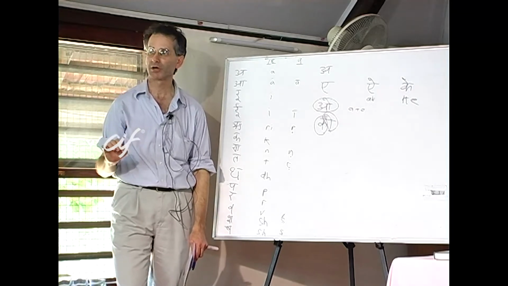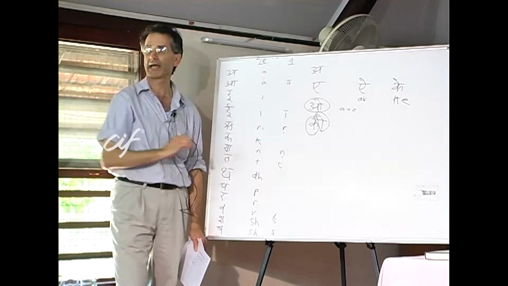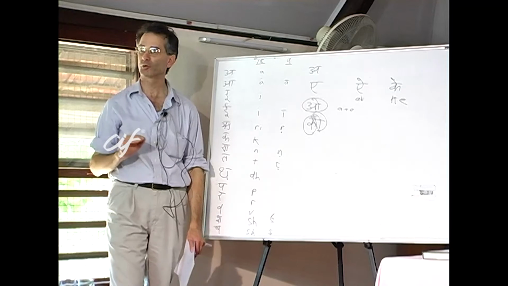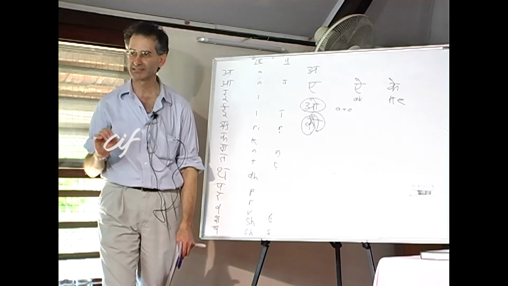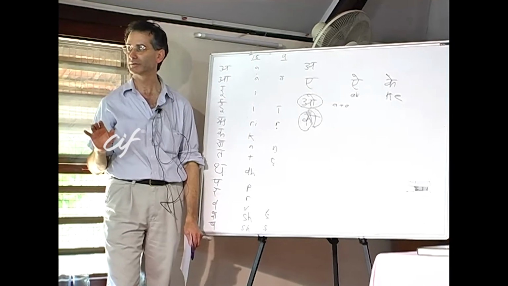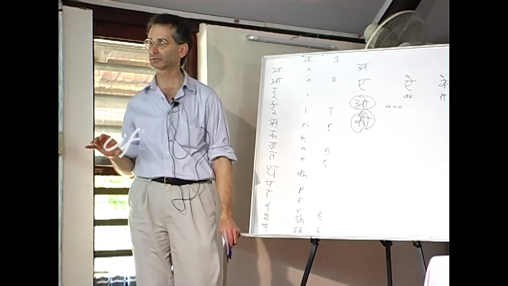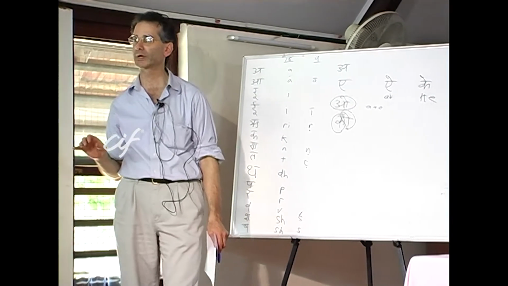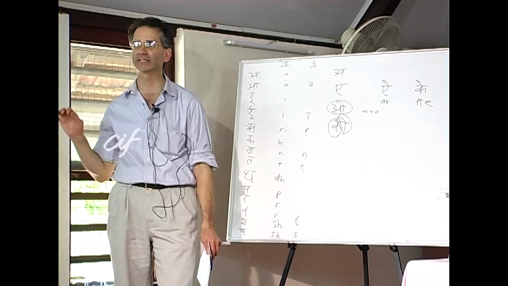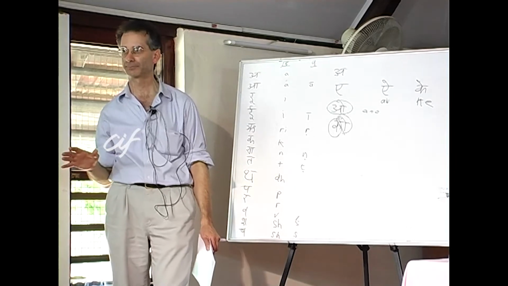With the diacritic marks, however, it becomes more adequate. Okay? I say more adequate because it's not perfect. Okay? But it's sufficient to convey the distinctions. Whether it conveys those distinctions in an ideal manner is another matter.